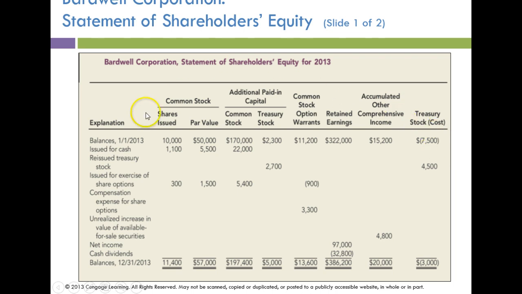So we've got all kinds of different aspects of our stockholders' equity: issued for cash, issued for exercise of share options, compensation expense for options, and unrealized increase in value of available for sale securities. We add our net income, subtract our dividends, and now we end up with our ending balances. So you see, it's become a lot more complicated than just owner's equity, right?